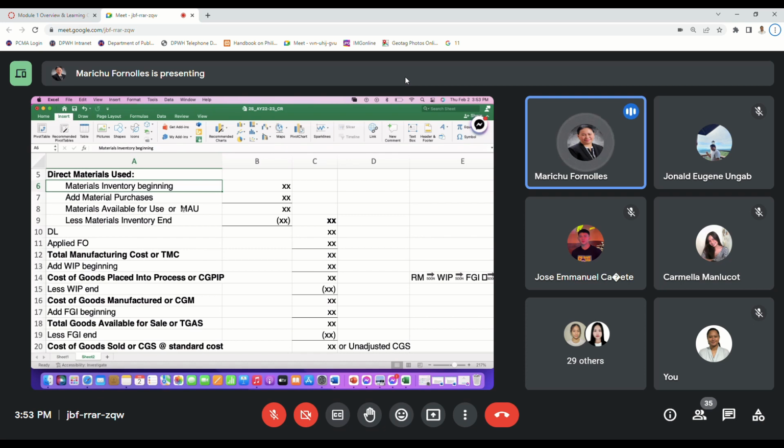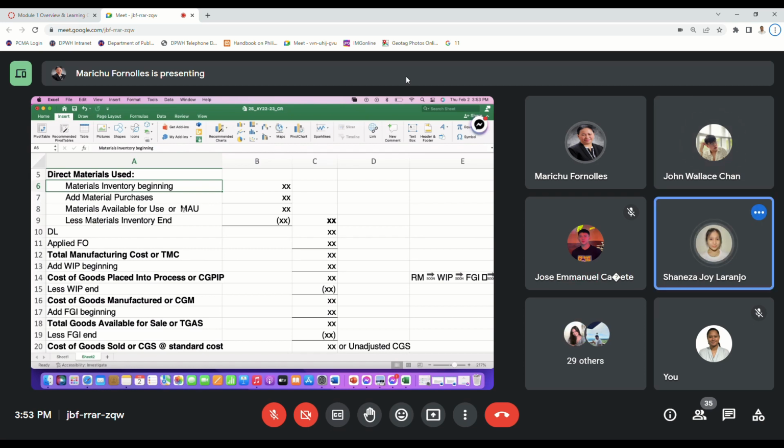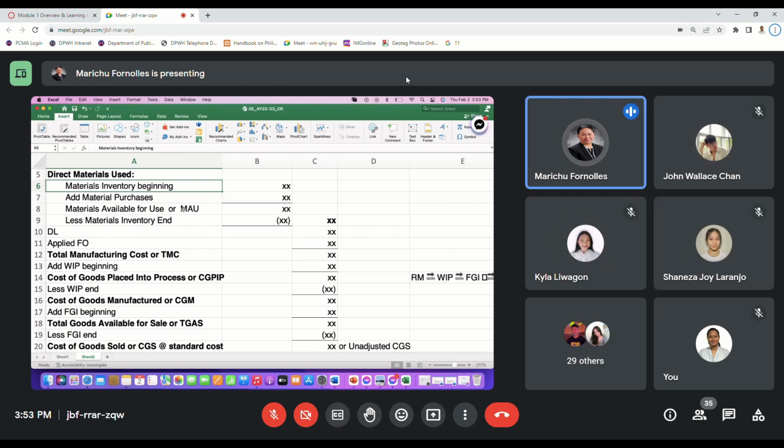So, on July 1, the 1,000 yards will be entered on the balance column under quantity. So write 1,000. Okay. What's the unit cost of the 1,000 yards? Unit cost, 40 pesos. Put there 40 pesos.